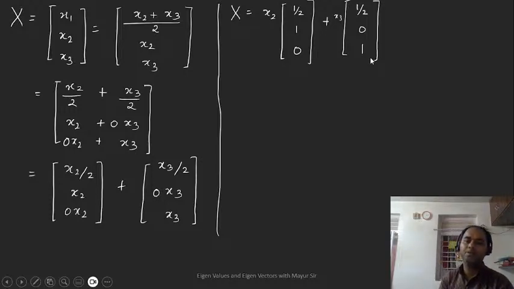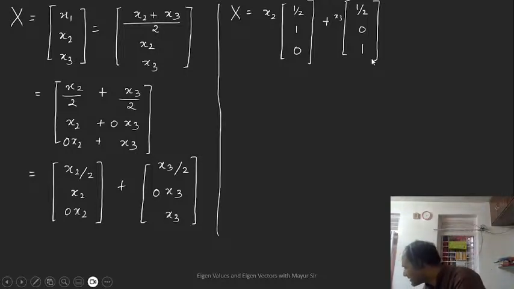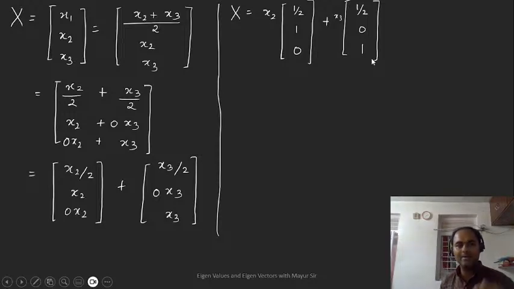Okay, so now these two vectors are your eigenvectors. These two vectors that you see, half 1 0 and half 0 1, are your eigenvectors. Just a minute, from where do you wish to see back? I'll explain.